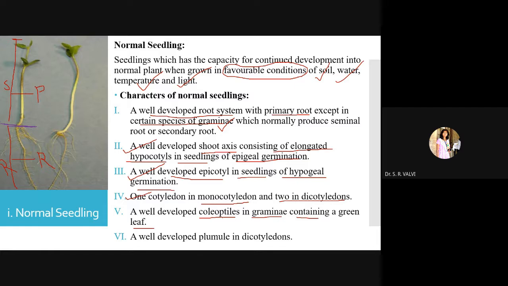The coleoptile is the tissue which is going to form the shoot part, that is stem and leaves, whereas the root part is formed by the tissue that is coleorhiza. Please do remember coleoptile and coleorhiza. Then the next character, a well developed plumule in dicots. So all these are the characters of a normal seedling.